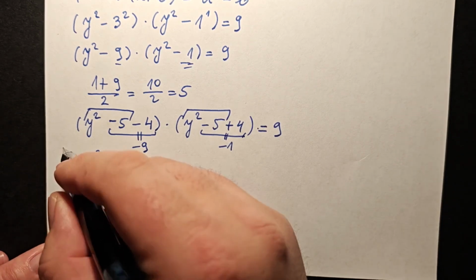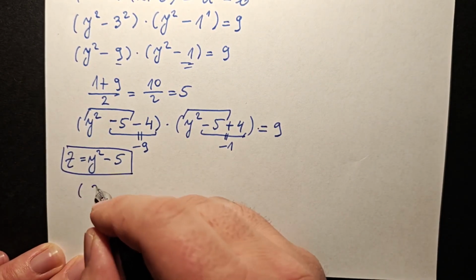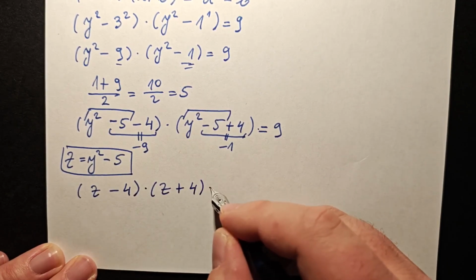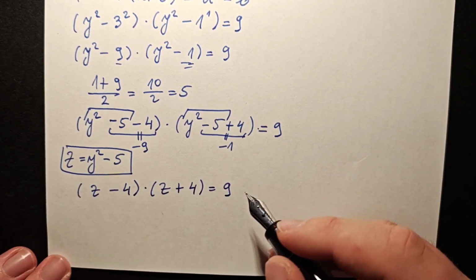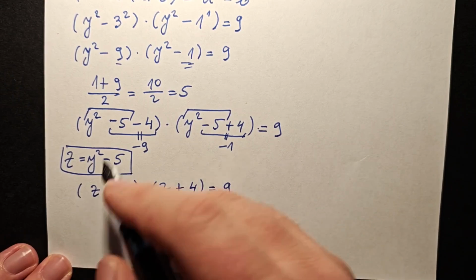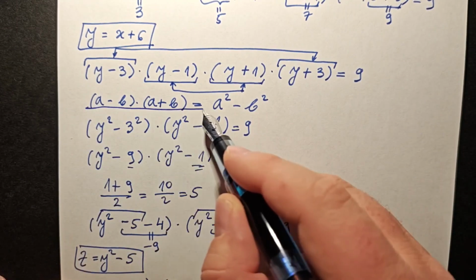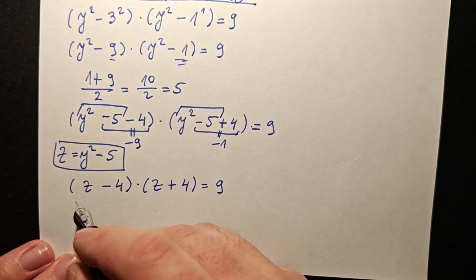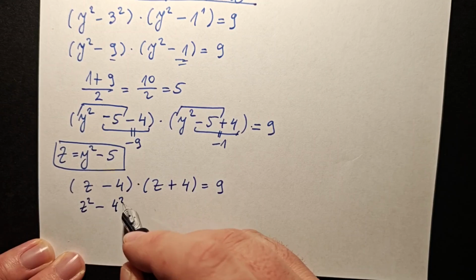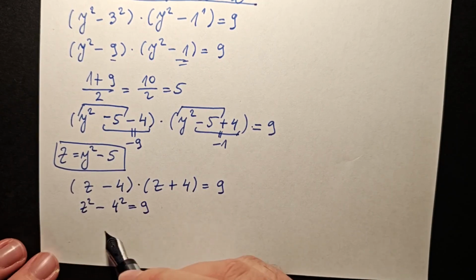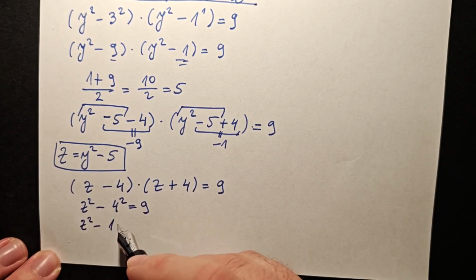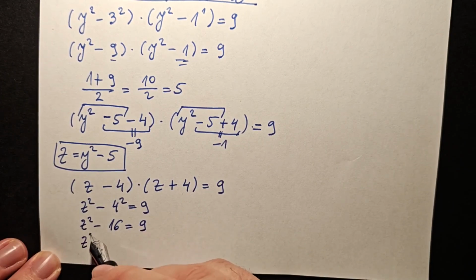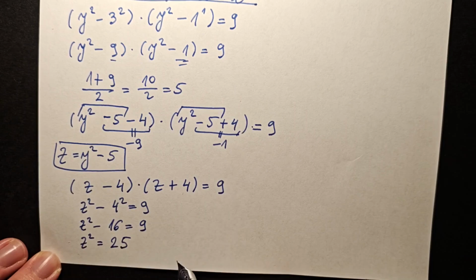By using the substitution, we get that z minus 4 multiplied by z plus 4 is equal to 9, and this is again of the form a minus b multiplied by a plus b is a squared minus b squared, so we have that z squared minus 4 squared is equal to 9, or z squared minus 16 is equal to 9, which gives us that z squared is equal to 25.